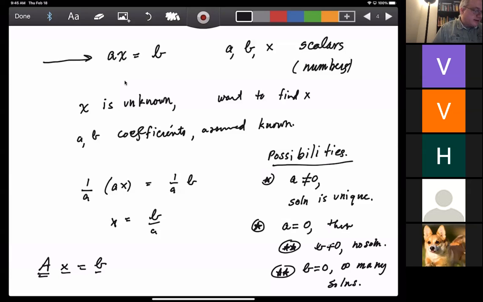And then when our coefficient matrix doesn't satisfy that special property, either this linear system will have no solutions or infinitely many solutions.